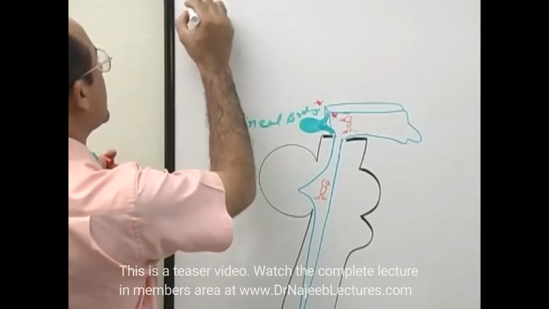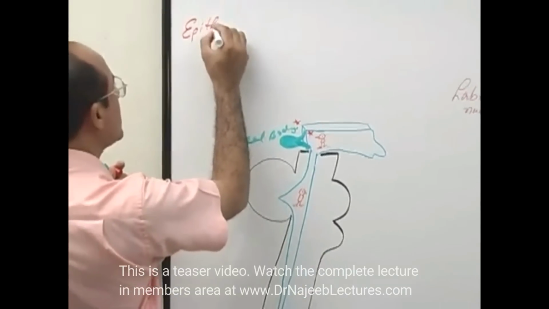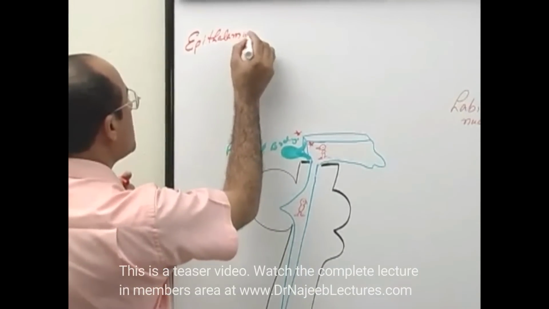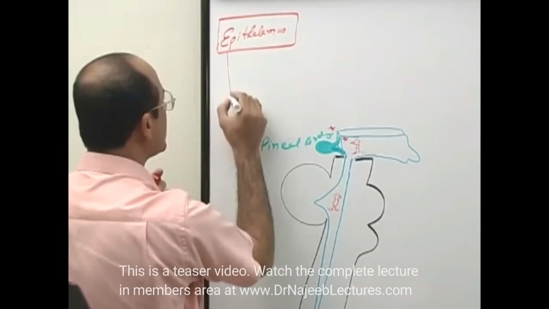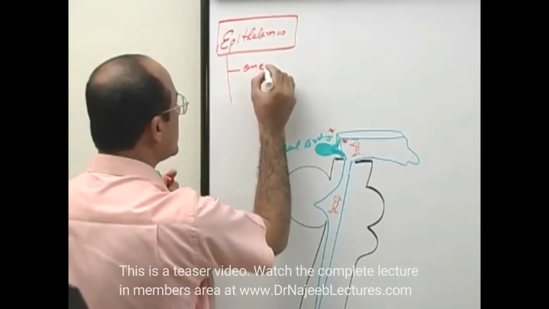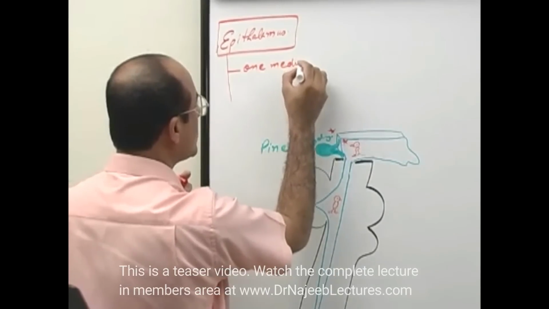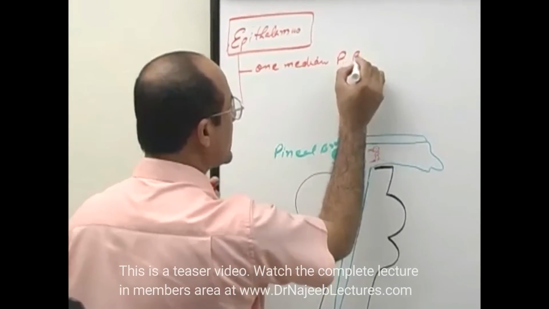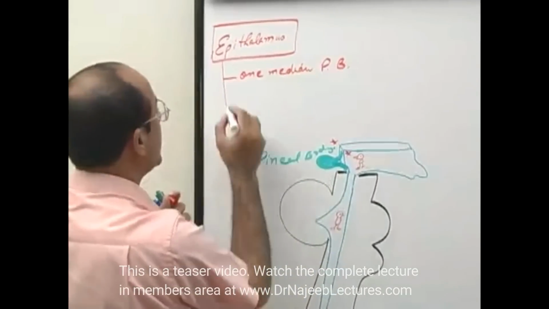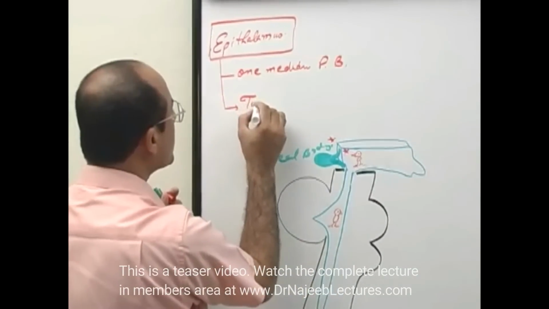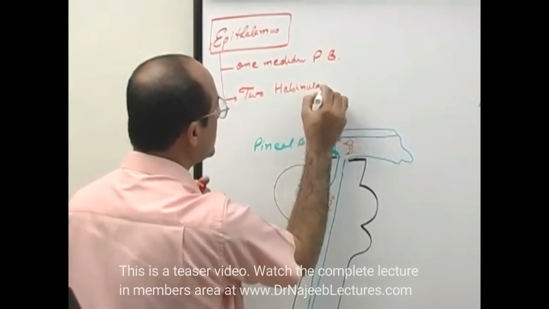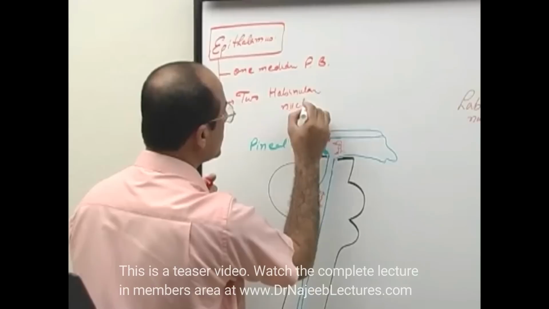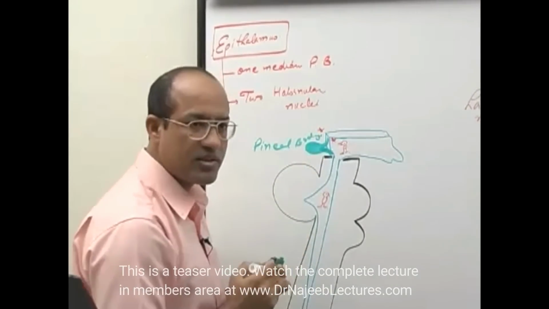So what is the epithalamus? The epithalamus consists of one median pineal body, which is posteriorly present, and two habenular nuclei. Any problem up to this?